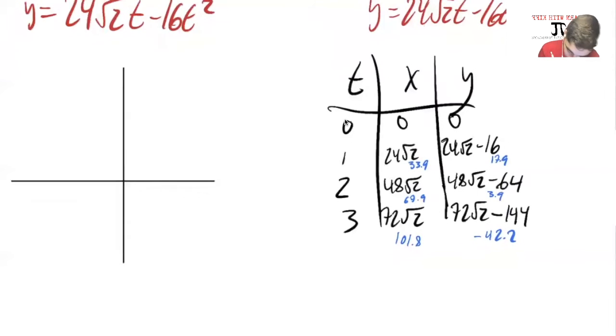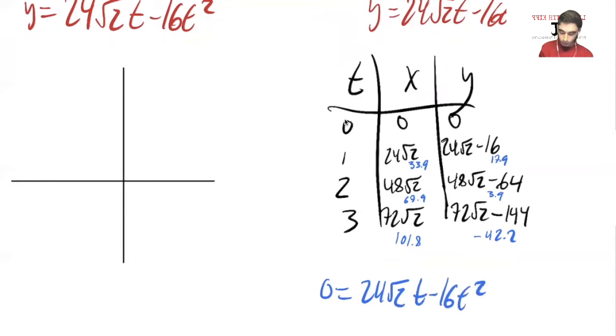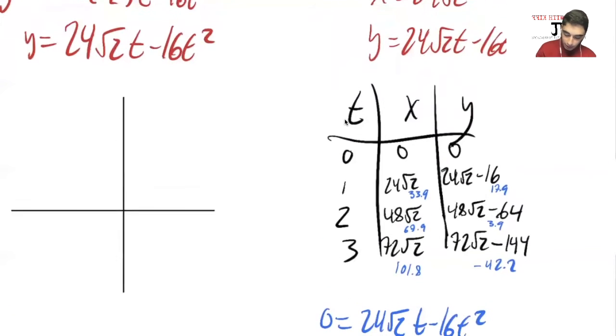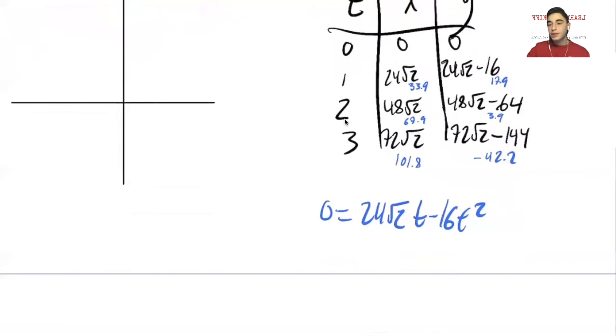So we'll have 0 equals 24 radical 2t minus 16t squared. We just simply made y 0. By doing this, we can solve for t and find out what values of t make y 0.